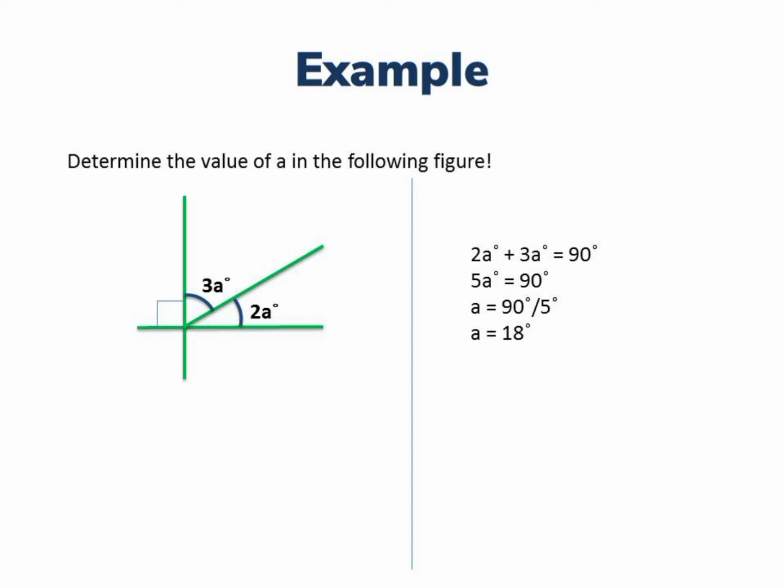And the next is 2A plus 3A degrees is equal to 5A degrees. So 5A degrees equals 90 degrees, and the next is A equals 90 degrees over 5. So we can find the value of A is 18 degrees.